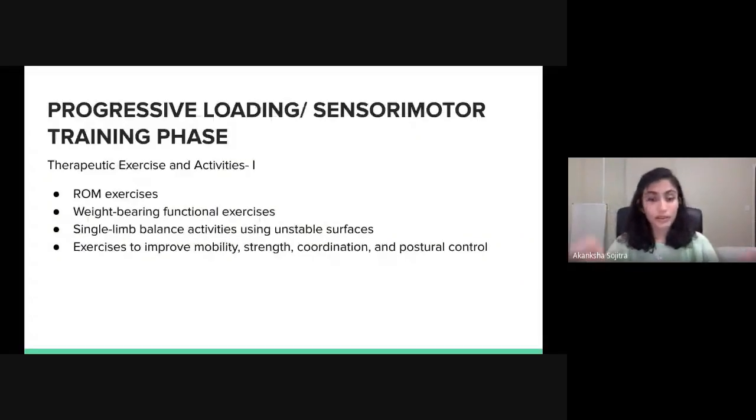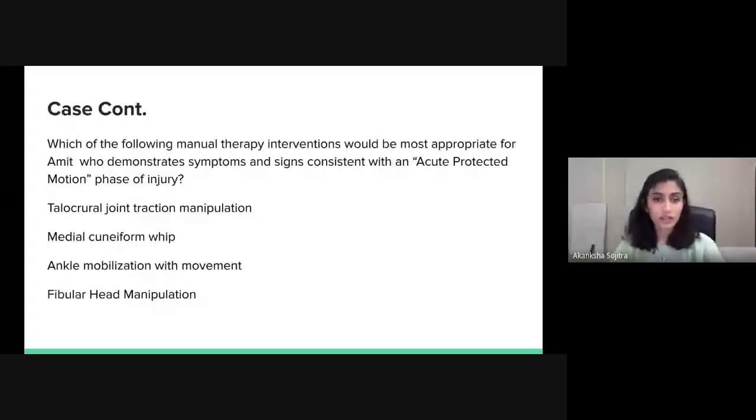Now, going back to your case, which of the following manual therapy would you use in that case? I'll go back to the case. Give me 1 minute. Okay, so this was your case.